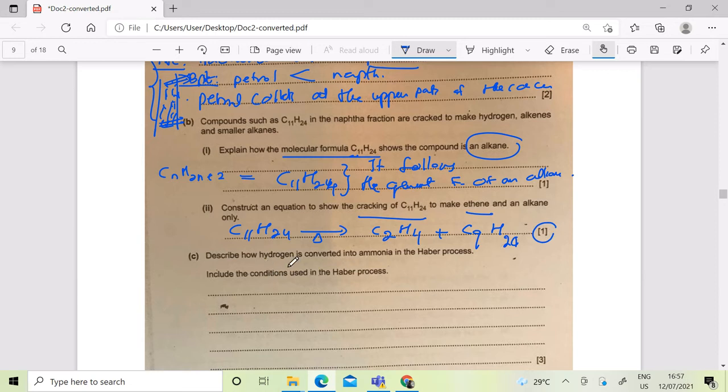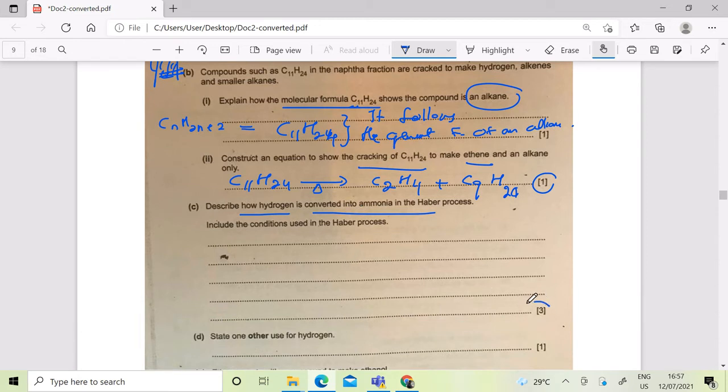Describe how hydrogen is converted into ammonia in the Haber process. So 3 marks question. So what is to be written? Include conditions used in the Haber process. So the part of your answer should include this. In this kind of question, you need to organize your answer in order to get all 3 marks.